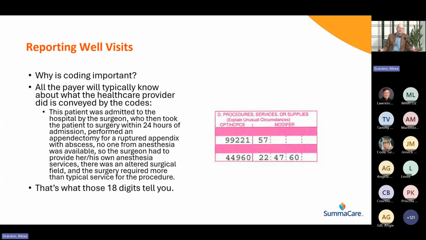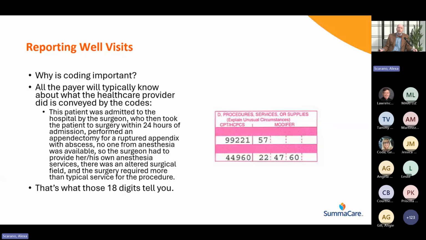This patient was admitted to the hospital by the surgeon. Within 24 hours of that admission, the patient went to surgery. An appendectomy was performed. The appendix was ruptured with an abscess. Nobody from anesthesia was available.